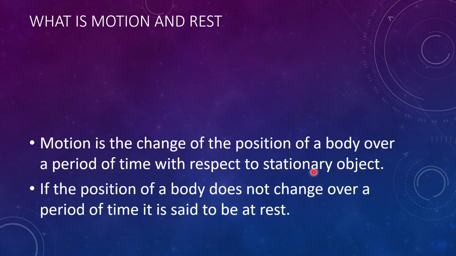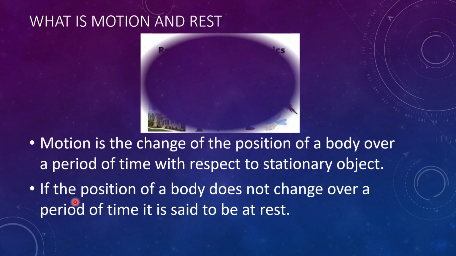So in this case, stationary does not mean the pen and pencil which we use in school and offices, but here the stationary object means the object which is at rest. Okay, so what is rest? If the position of a body does not change over a period of time, it is said to be at rest. Okay, so motion and rest are just vice versa of each other.